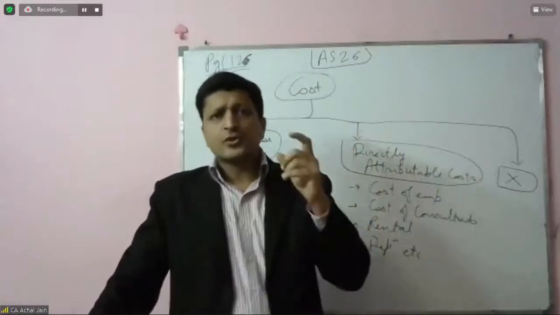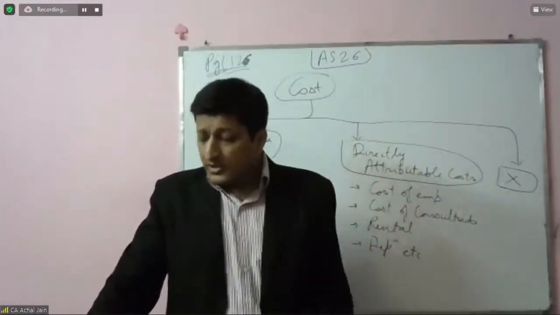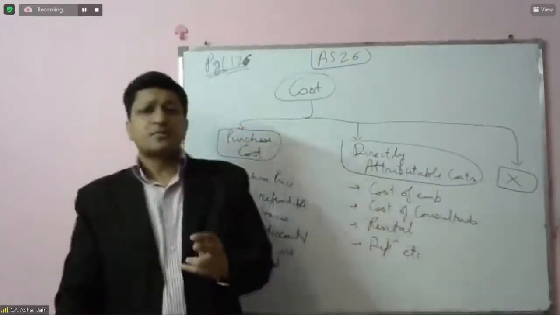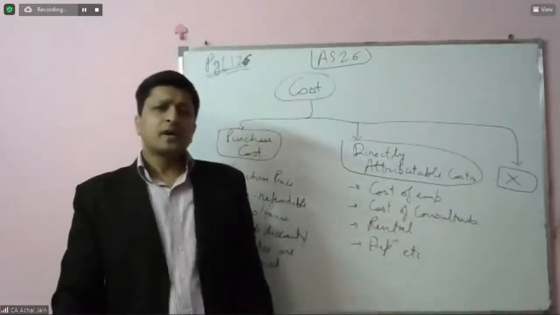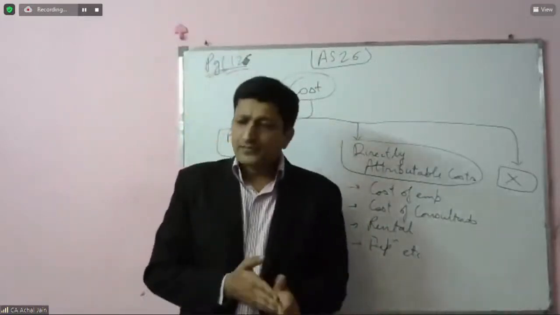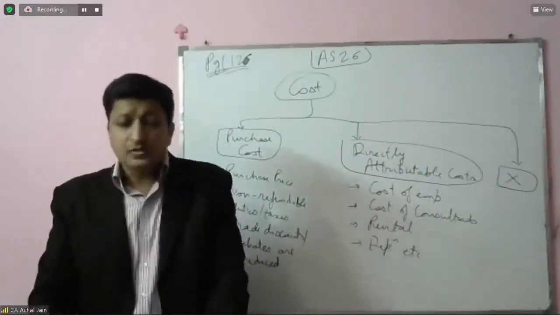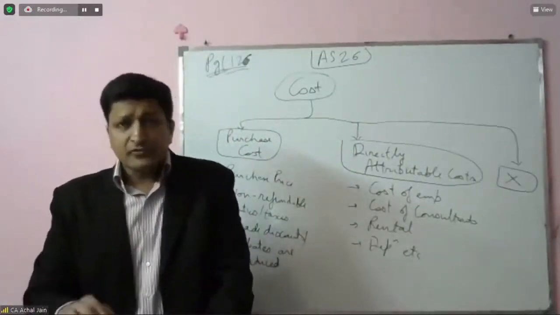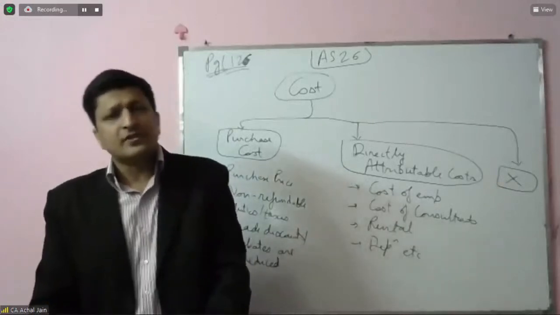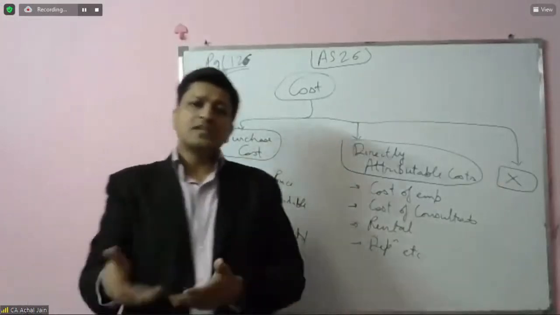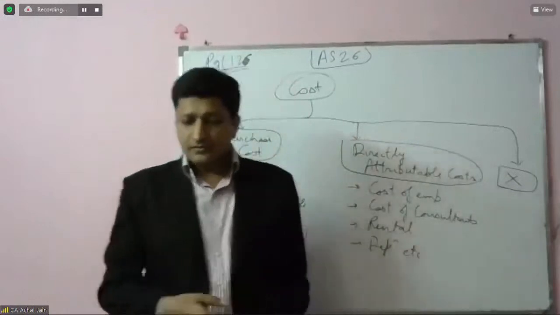After which we'll pick up some examples also. So let's take a break. Even if you have got some queries, just put down your queries. After the break, we'll discuss both your queries and the remaining part of the standard. Okay.